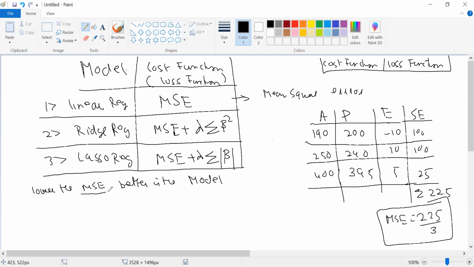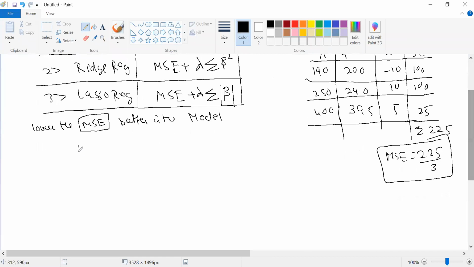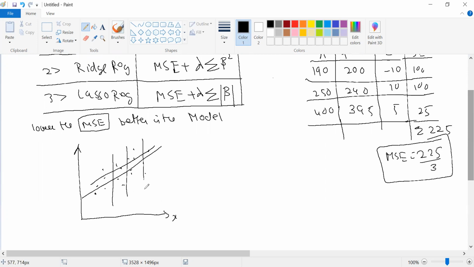Okay. So MSE is a cost function in your linear regression. Remember, if you remember the linear regression theory I taught, suppose these are your points. What I said is that you draw any line, you cannot connect all the points. Draw any line. So what I can do is find the MSE for each line.